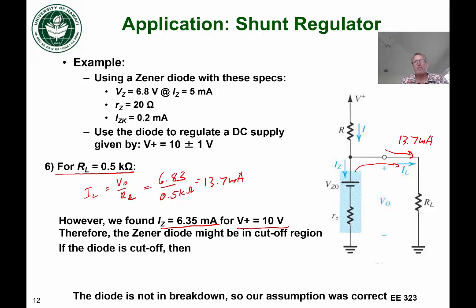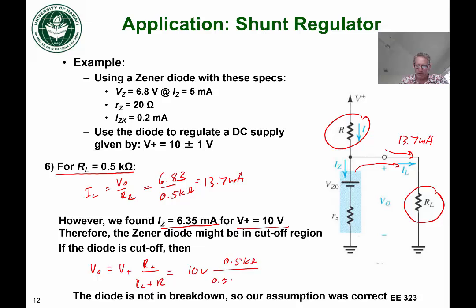So if we assume that it wasn't in breakdown, in other words, the diode's not conducting, then we'd have a simple voltage divider between the source resistor R and the load resistor RL, and we could write that V out in that case is equal to V plus times RL over RL plus R, and that would equal 10 volts times 0.5 k ohms over 0.5 k ohms plus 0.5 k ohms, which is equal to 5 volts.